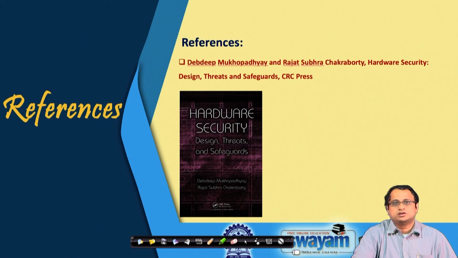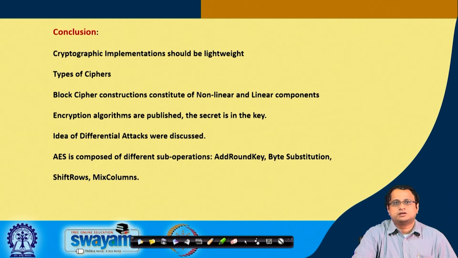So this is my reference for the book, and what we basically studied is that cryptographic implementation should be lightweight, because we need to ensure that our designs have less overhead. We studied different broad types of ciphers. We studied that block cipher constructions consist of both nonlinear and linear components, which produce the confusion and the diffusion respectively.